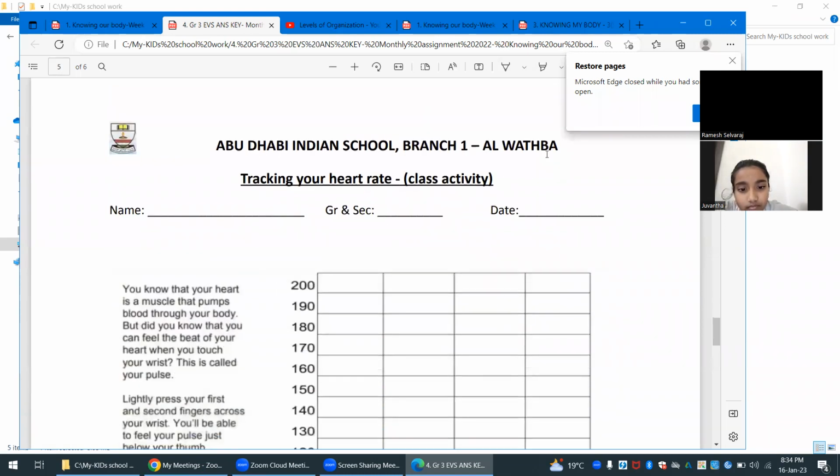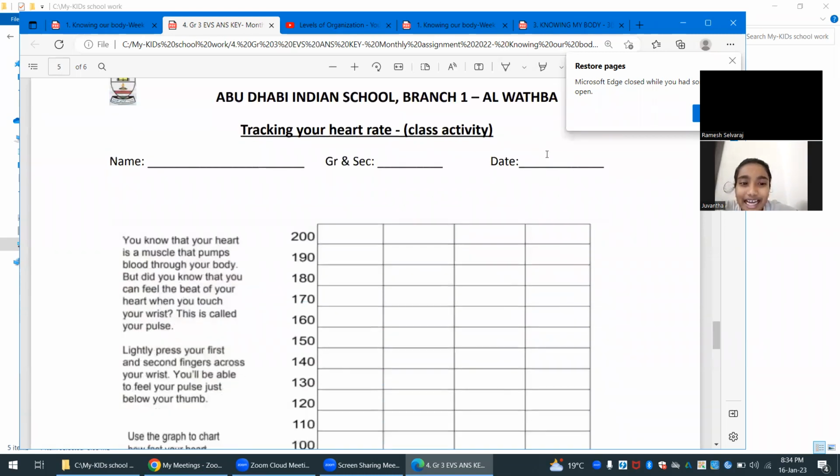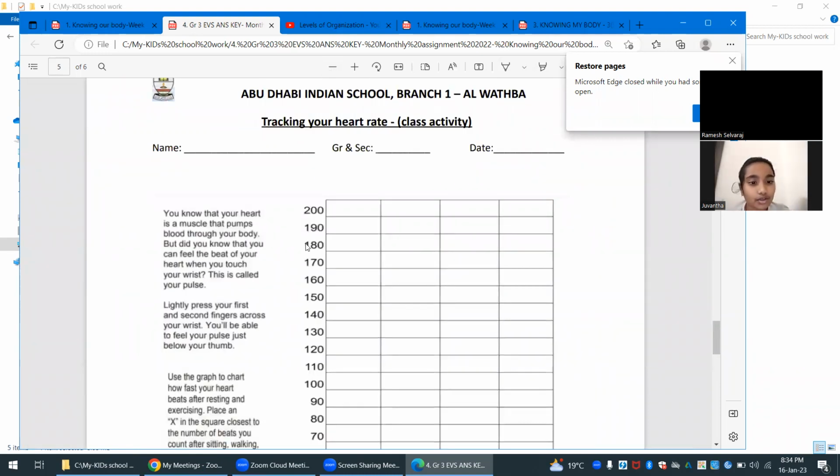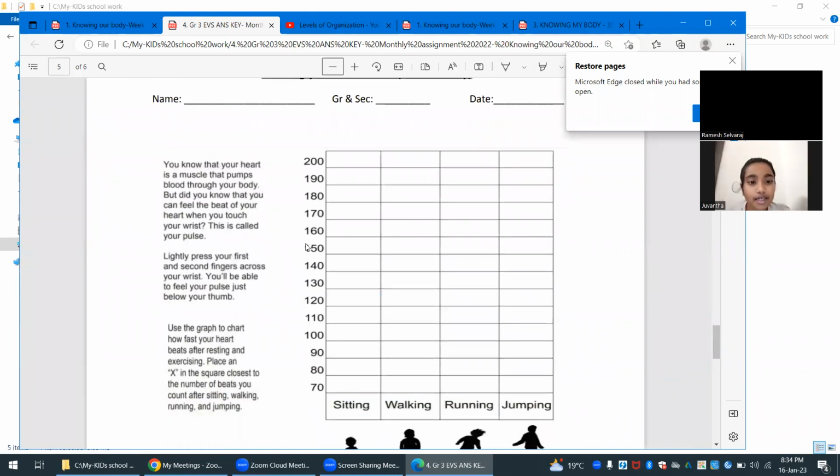Next, a class activity. You know that your heart is a muscle that pumps blood through your body, but did you know you can feel the beat of your heart when you touch your wrist? This is called your pulse.